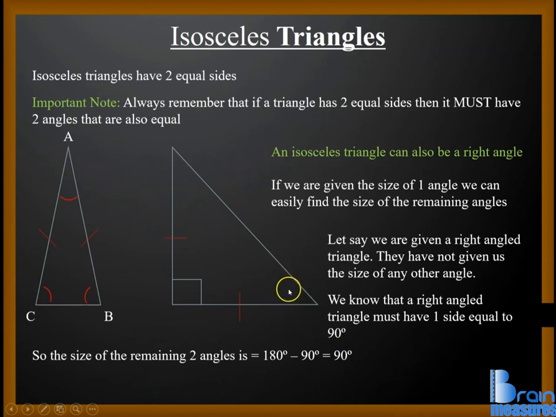That means that this angle here and this angle here should also total 90. And since these sides are equal, these two angles must also be equal. If they're equal, all you have to do is divide the total by 2, which will say that each angle is equal to 45 degrees.